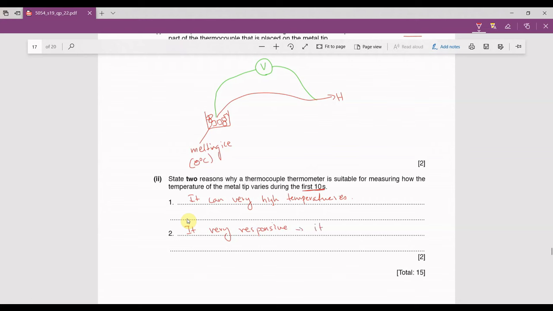If you remember in your labs or wherever, doing any experiment with a thermometer, you know it takes a laboratory thermometer some time to register the change in temperatures. The column in the thermometer rises and falls very slowly, but that's not the case with a thermocouple thermometer. It's very responsive.